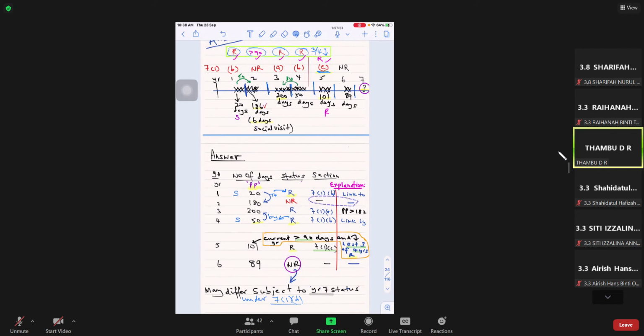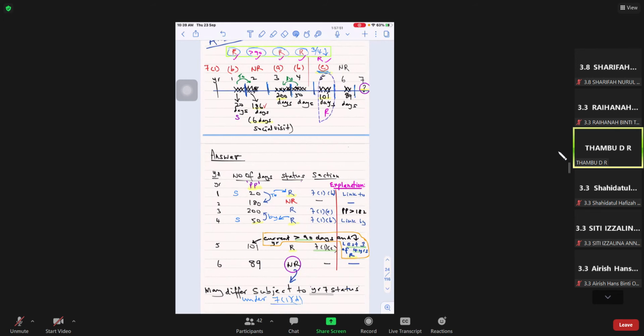Here, even though you state 180 days physically, you cannot be a resident under A, neither under B, C, D. 200 days, more than 182 physical presence, resident under A. This one, the current year short period is being linked to a long period, which is more than 182. Using link by rule, you will be a resident.